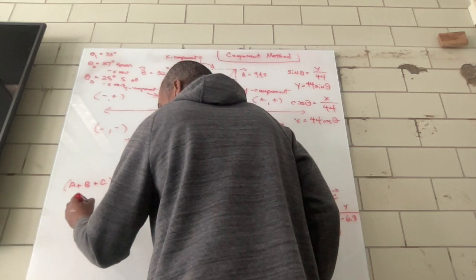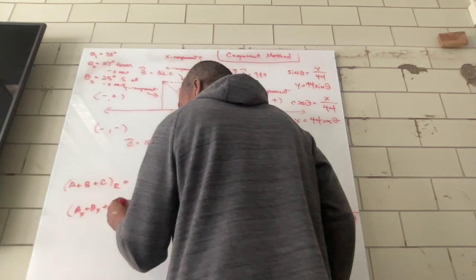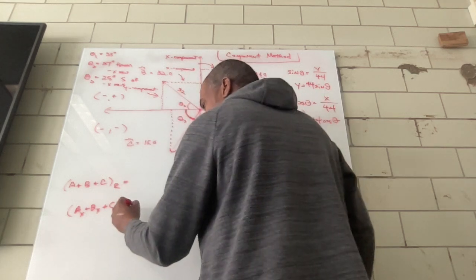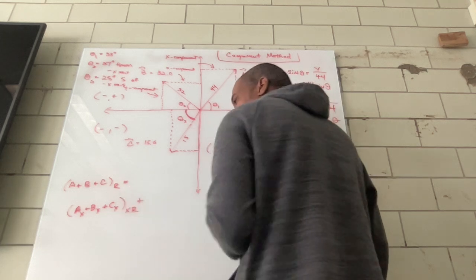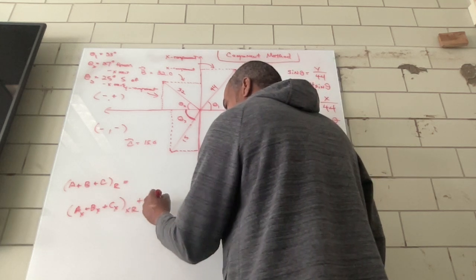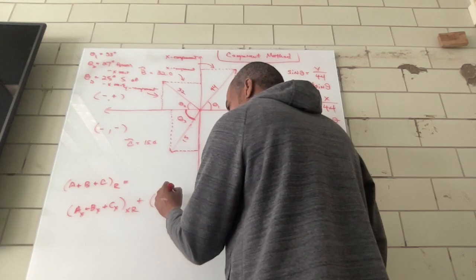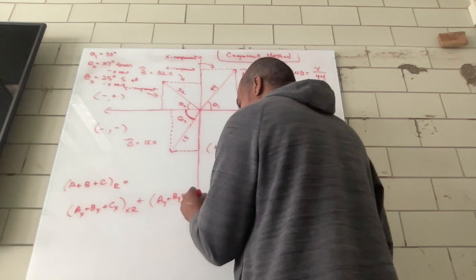AX plus BX plus CX. That's the X component of vector R, plus the Y component from each individual vector. Y'all following what I'm doing? So this is like a little puzzle.